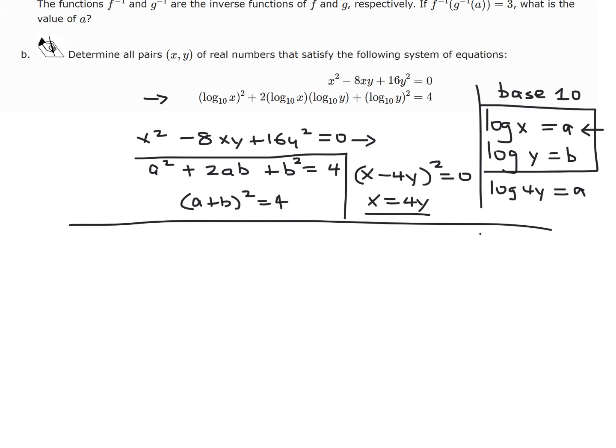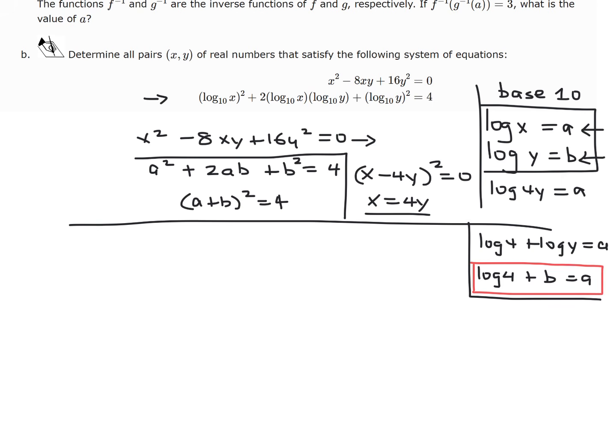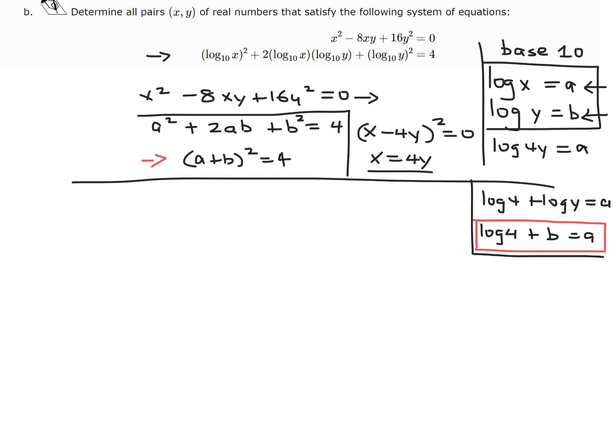So that basically means that the log of 4 plus the log of y is equal to a, and therefore the log of 4 plus b is equal to a. So that's actually really helpful. We got a relationship between a and b, another one in addition to this one. Okay, so let's move forward with this and see what happens.